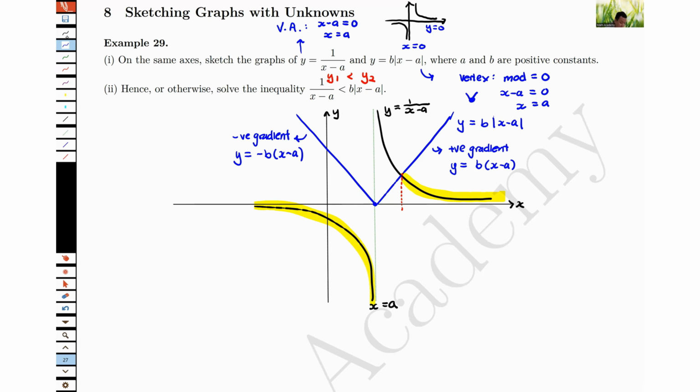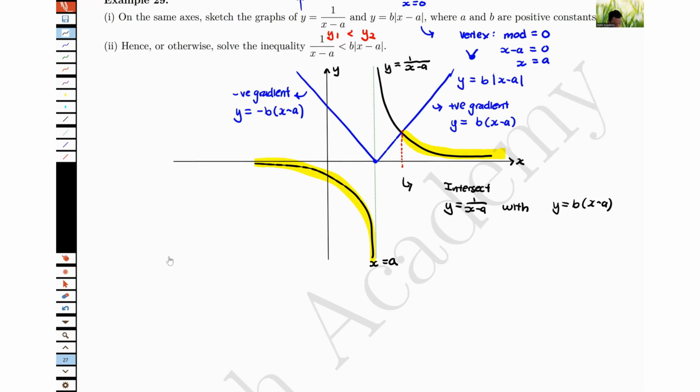Okay, so let's find this point. I just write it on the right here. We are going to intersect y equals 1 over x minus a with y equals b times x minus a. We're going to intersect these two graphs. Let me write them together.